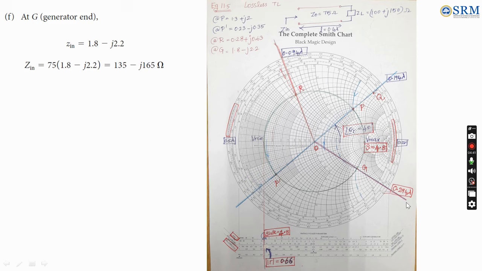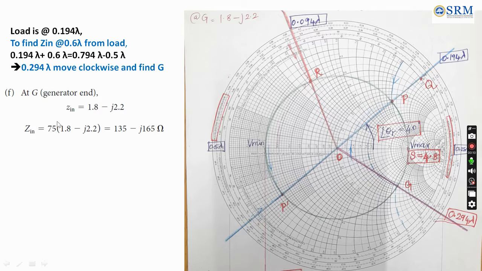So drawing a straight line between these 2 points from the center, the intersection of this straight line with this circle is the point where the input impedance is available. Looking here, we could observe it is 1.8 R circle, X circle is 2.2, so it is written with a negative sign. Then denormalize with respect to characteristic impedance and write the final answer in ohms.